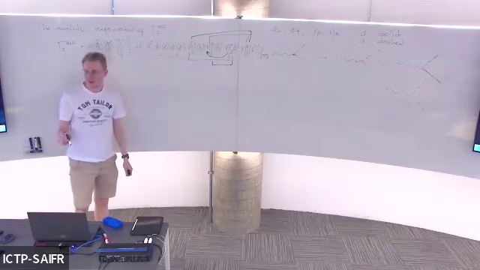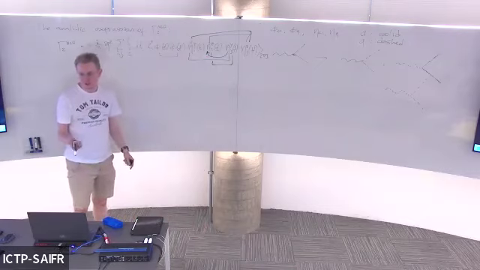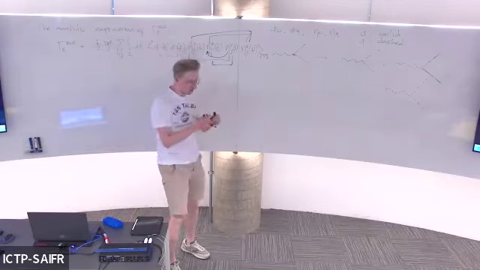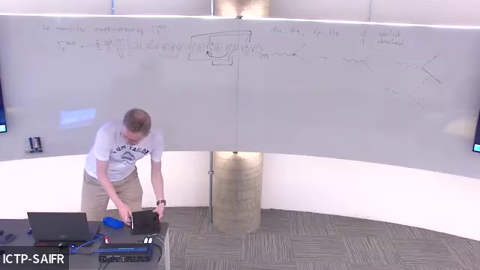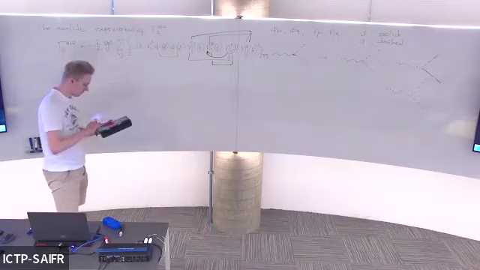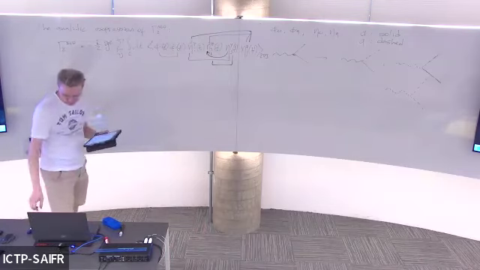And this will give you a minus sign because of the anti-commuting nature of fermions, right? So what we end up with are two contributions.